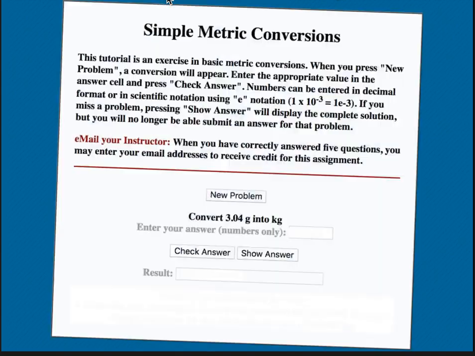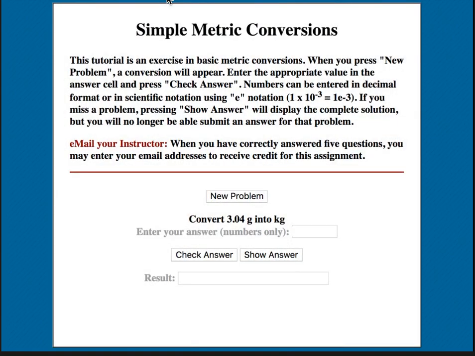There is now a tutorial called Simple Metric Conversions. These are simple problems, but they're really good, I think, at helping you formulate ratios and doing the given ratio calculations. You will get your 5 points if you do this 5 times.